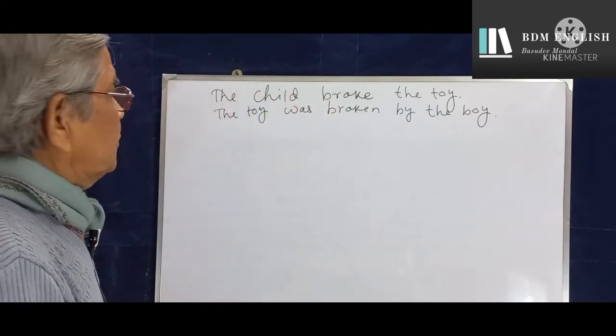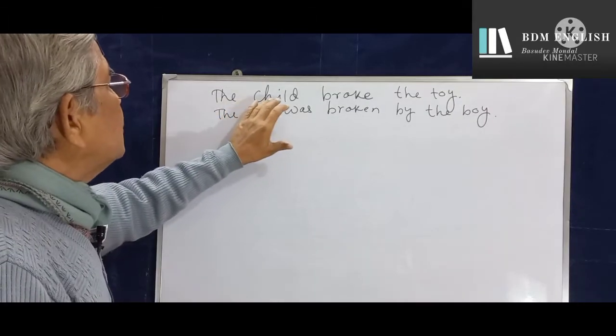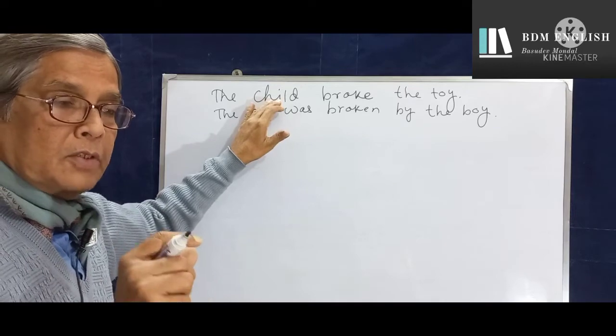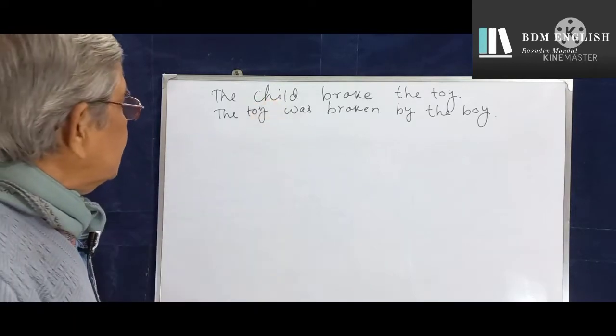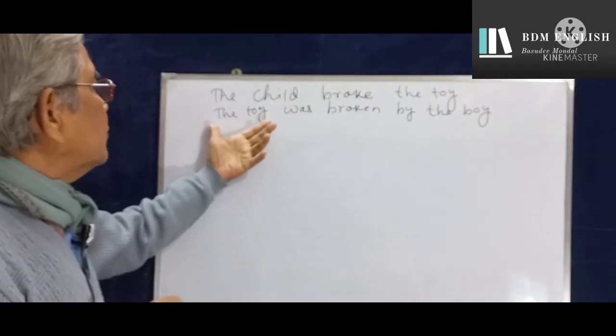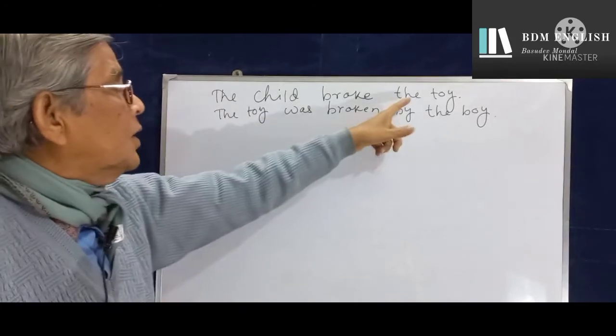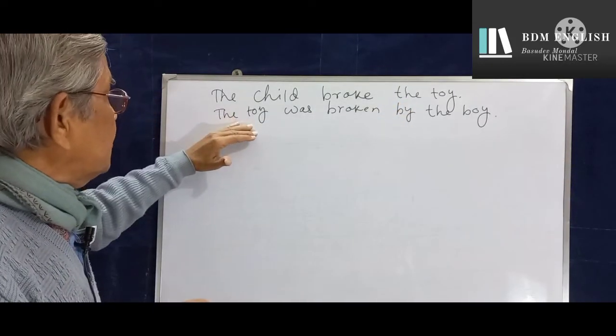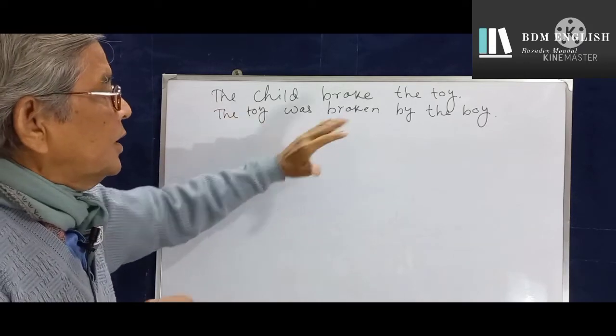But sometimes we do not want to use the doer or we cannot make it the subject of the sentence for some obvious reasons. Then we use this alternative subject, that is the original object of the verb, as the subject of the sentence. The toy was broken by the boy.